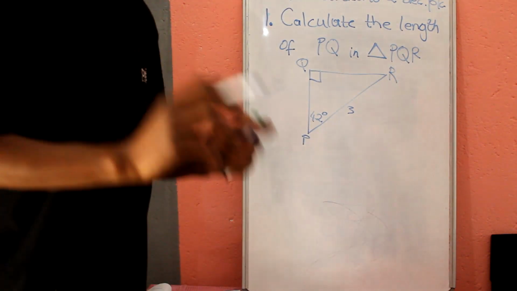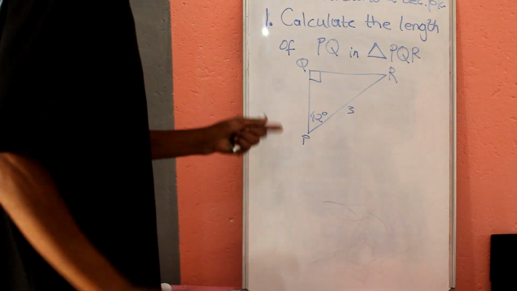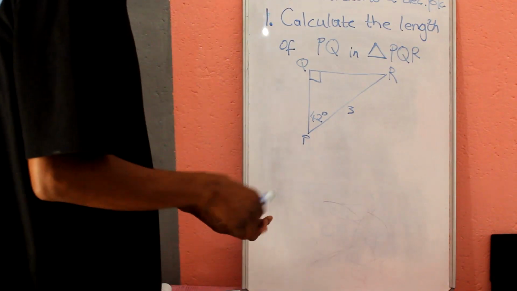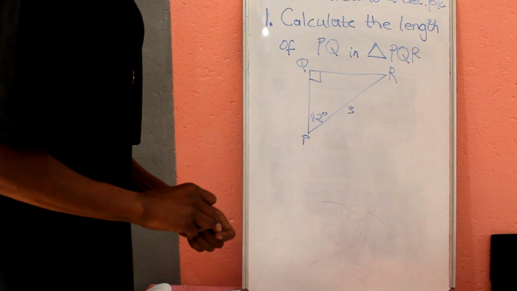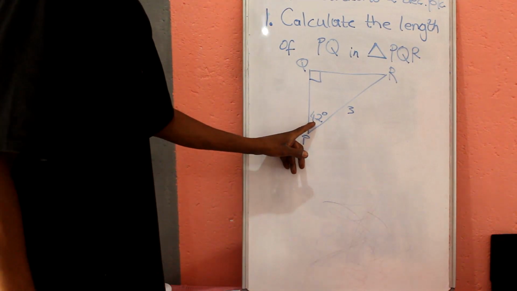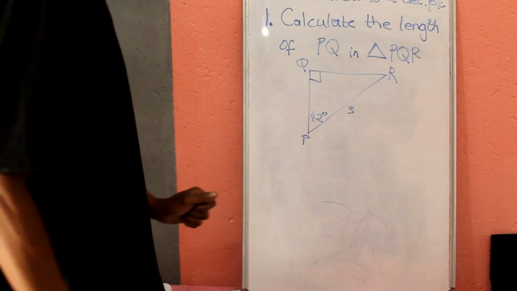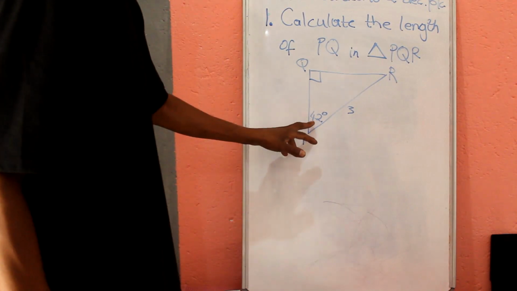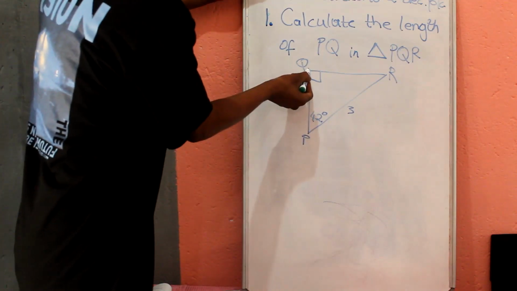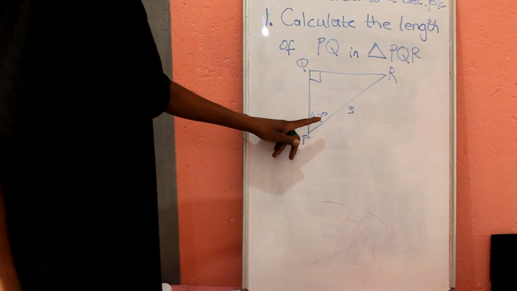Now, like I said to you in class, you need to first identify the sides of the triangle as prescribed by the angle 42 degrees, as well as one of the given sides. Now, if we're looking at angle 42, remember this side becomes adjacent to the angle 42 degrees.